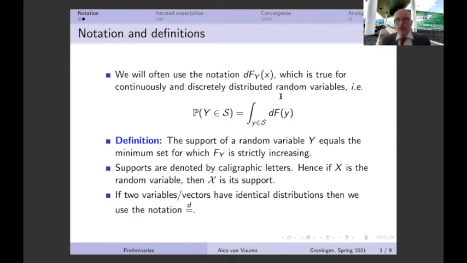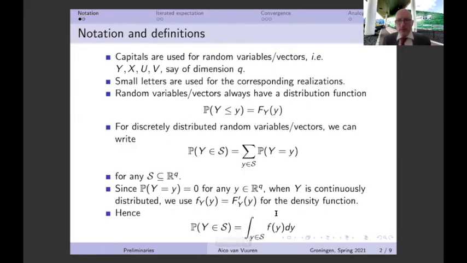And we should take into account that this could be for a discretely distributed and a continuously distributed random variable. Well, this is relatively simple, of course, when we have a continuously distributed random variable, because we already know that when we have a first order derivative, we can always write it as dF_Y divided by dy.